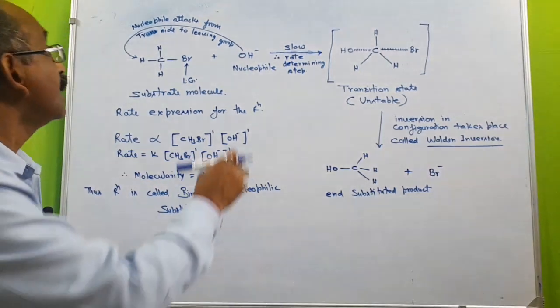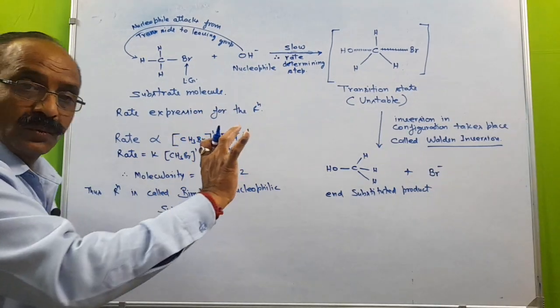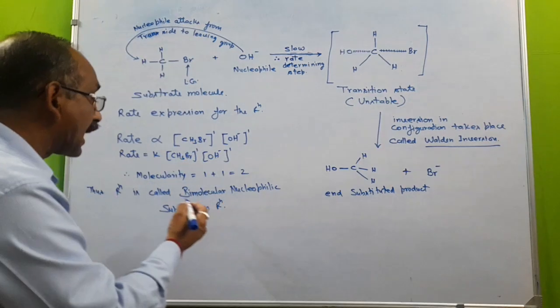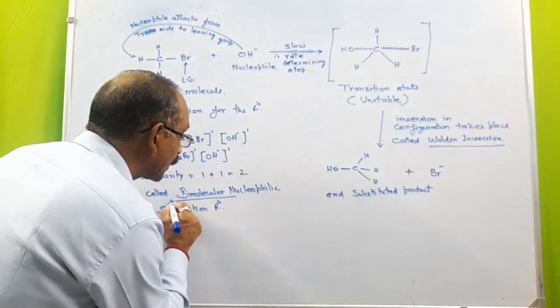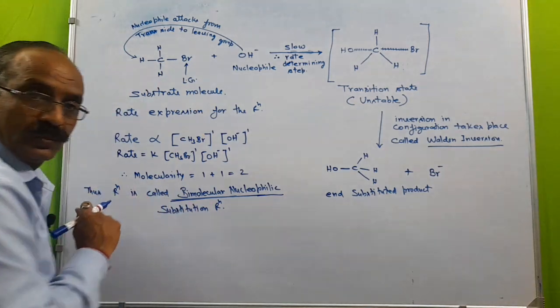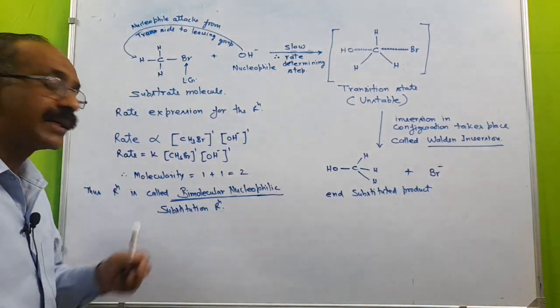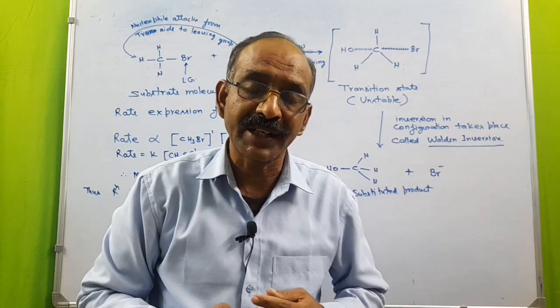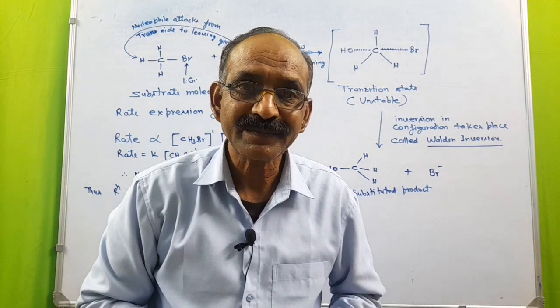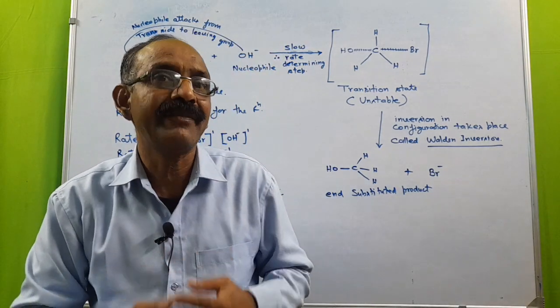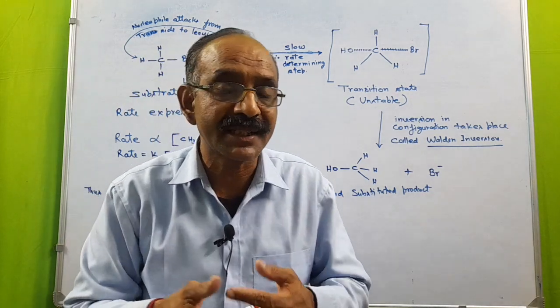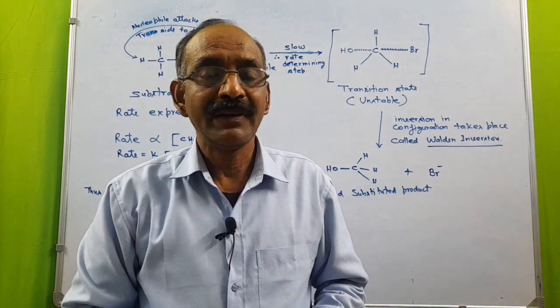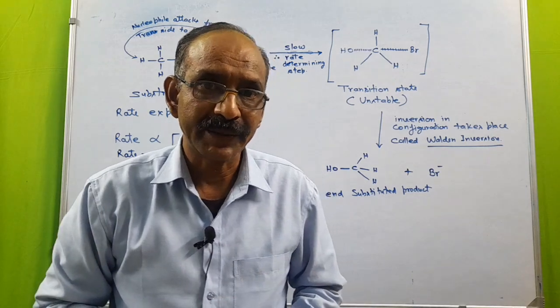So see here in SN2, the 2 means the reaction has a molecularity of 2. Is it clear? And that's why the reaction is known as the bimolecular nucleophilic substitution reaction. Now, the relative reactivity of alkyl halides towards the SN2 mechanism will be discussed in a separate video. Is it clear?